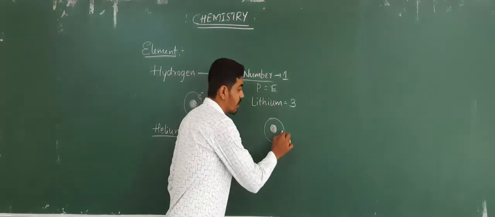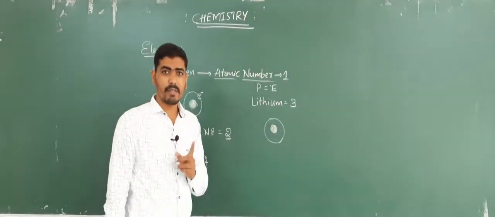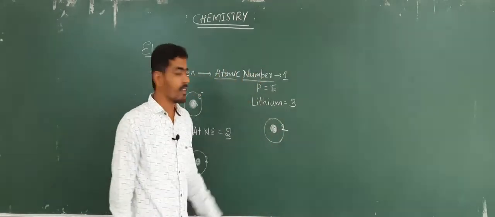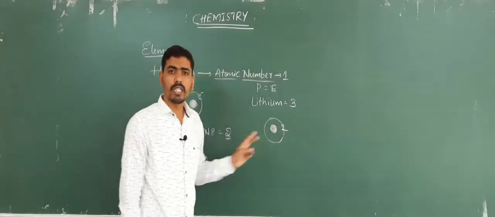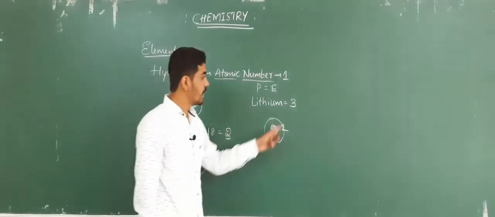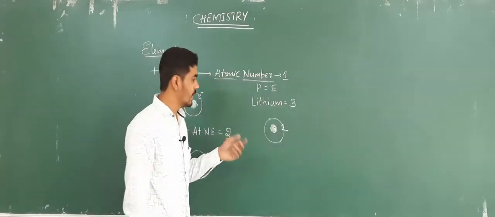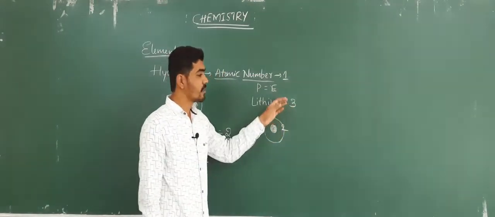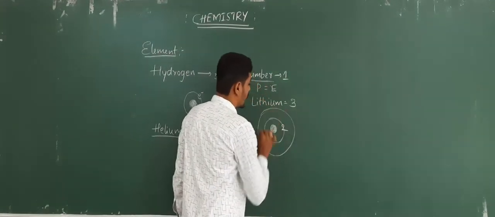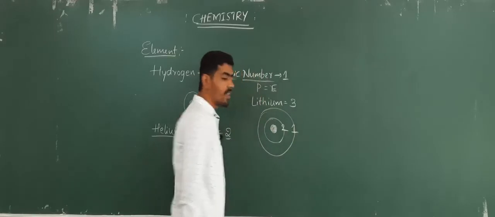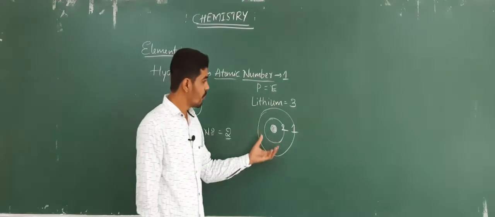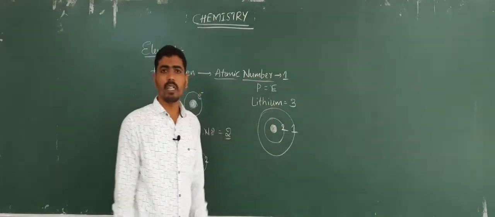No, because the maximum capacity of the first shell to hold electrons is 2, and hence only 2 electrons can occupy this first shell. But here 3 electrons are there, hence the 1 remaining electron will move to the next shell. So we represent the other electron in the second shell. This is how we represent the structure of lithium.